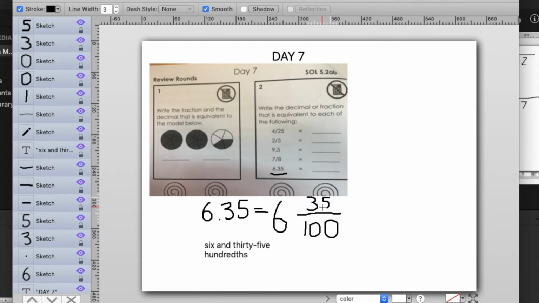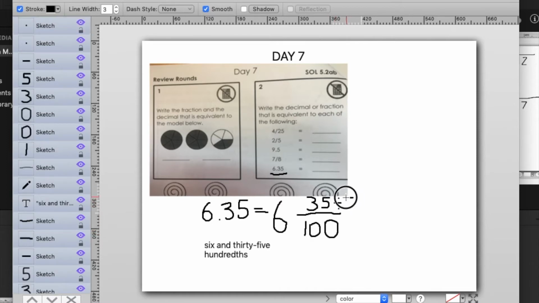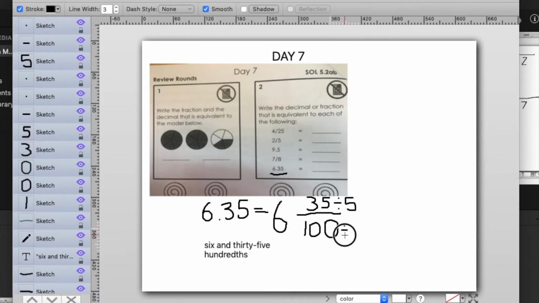We have to simplify because we can see that 35 and 100 have something in common. What's a number that goes into 35 and 100? You're right, 5. So now I can divide 35 by 5 and divide 100 by 5.